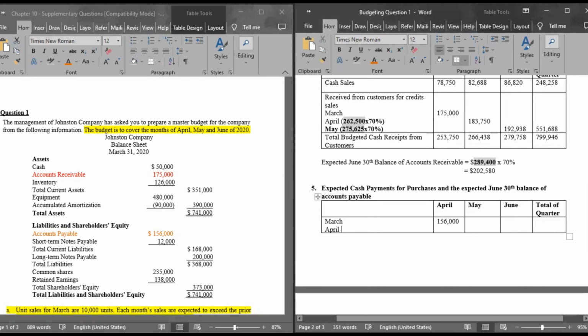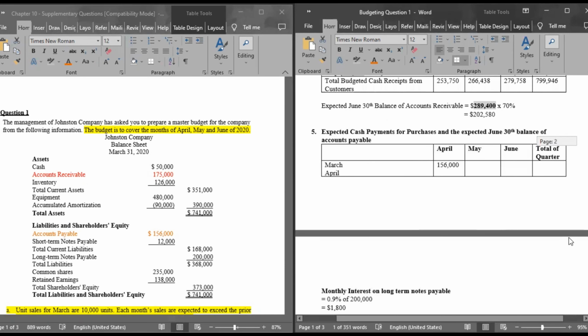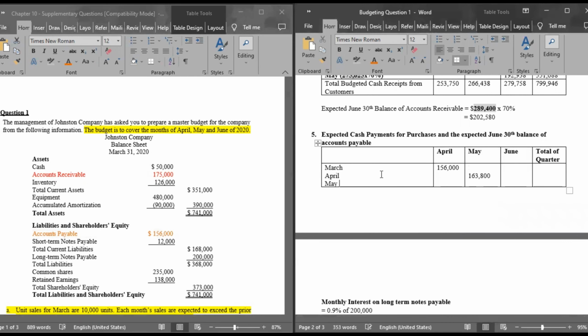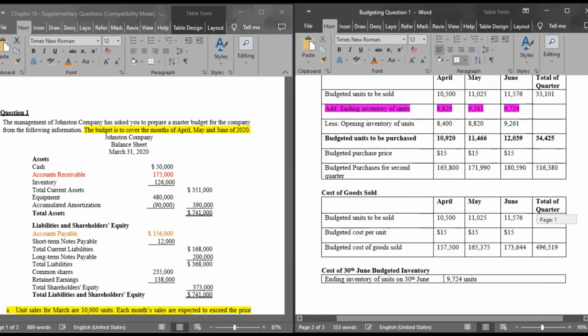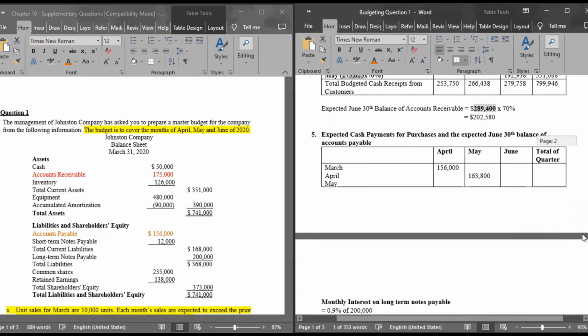Then the April purchases amount is 163,800, and we will pay this amount in May. Then May purchases are 171,990, and we will pay this amount in June.